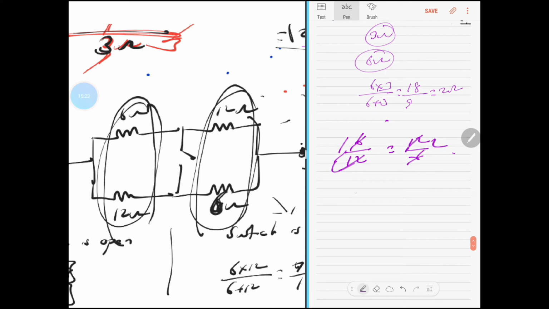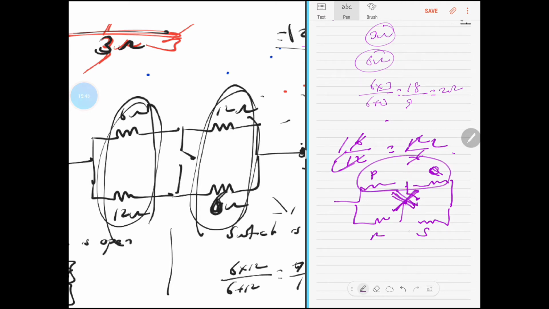The left side is what is given here and what is given on the right, I thought would make a proportionate connection, P by Q is equal to R by S format. It's not. If it is proportional, I can assume that no current is flowing through the central circuit. So I can assume P and Q are in series and R and S are in series.